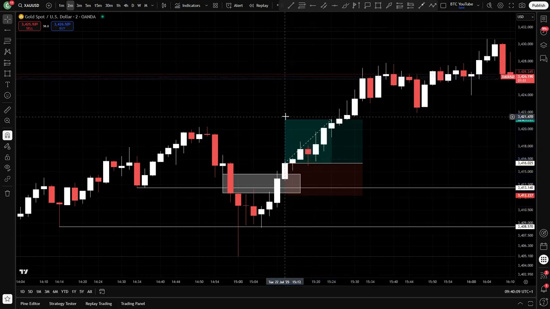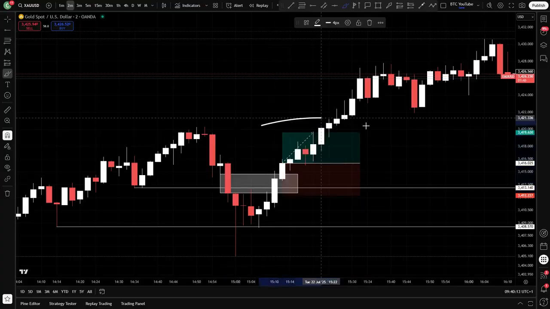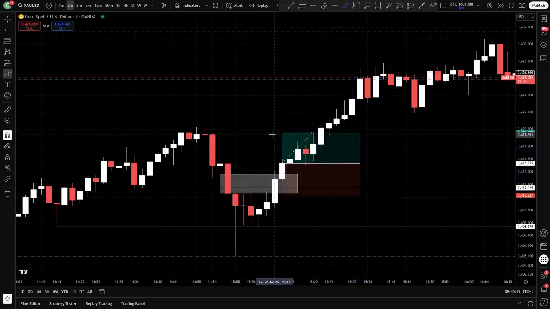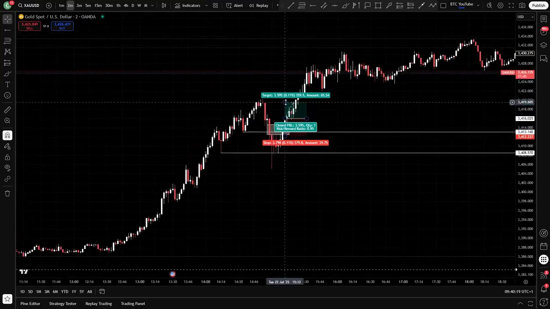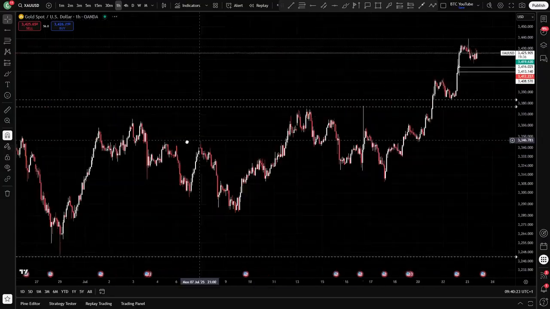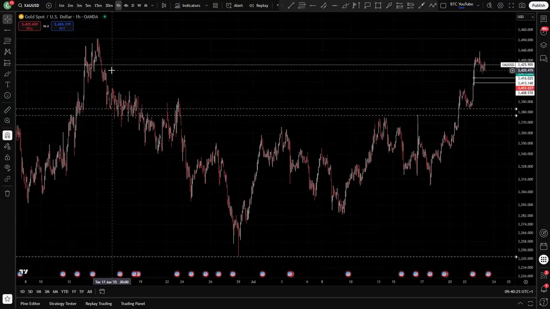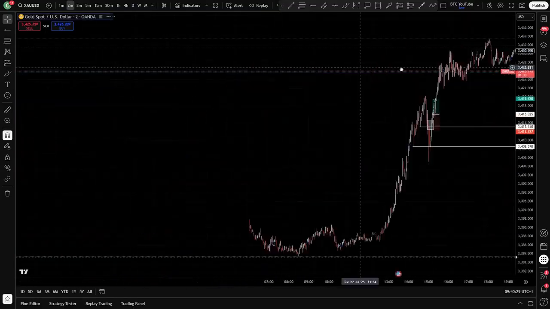As you can see, basically looking like we've got that nice 1-for-1. It's played out in the space of about 5 minutes or so, set the rest to break even, and then I basically took profit. I think there wasn't any clear targets because we were obviously running up for gold quite considerably here. But I basically decided to take profit again at 2R.